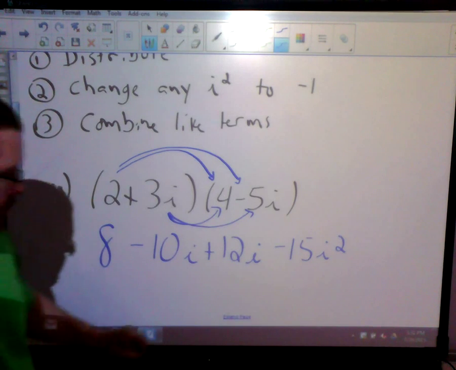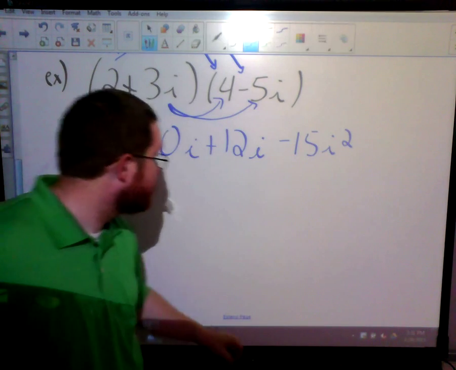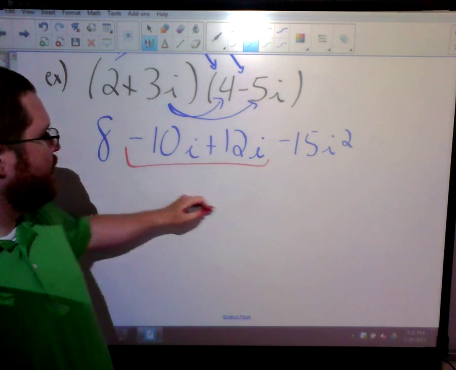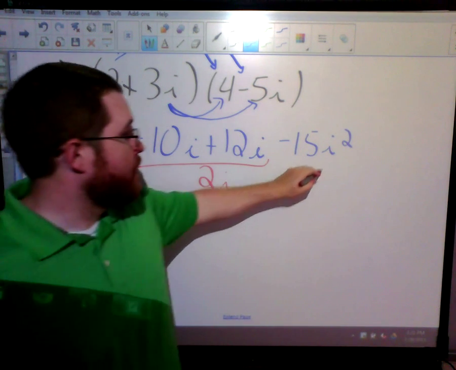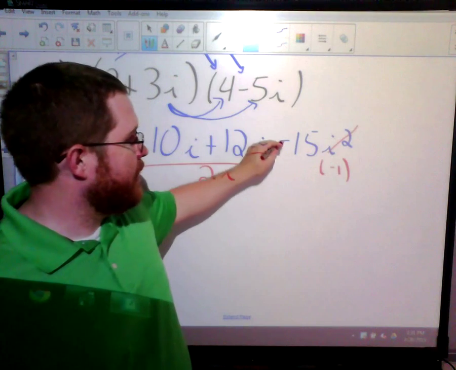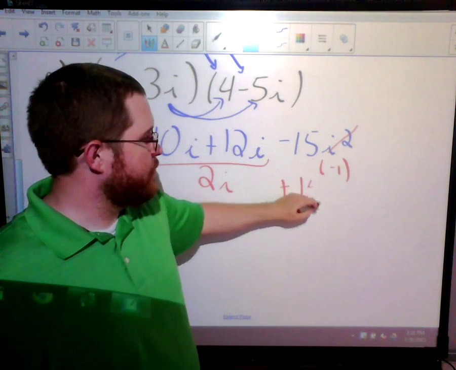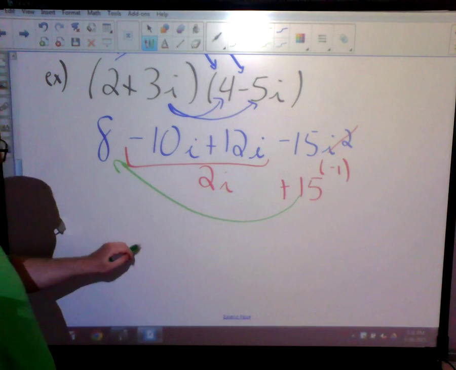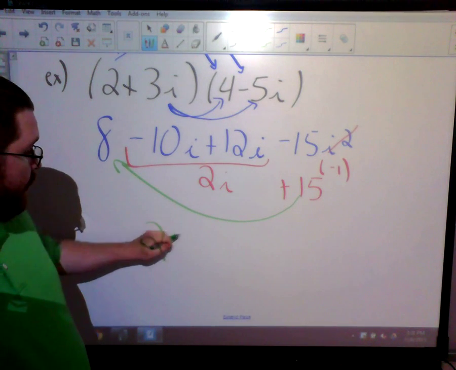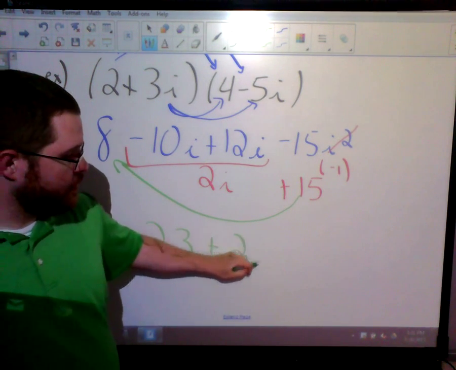So let's combine what we can combine. Negative 10 plus 12 is 2i. This is going to become negative 1. Negative 15 and negative 1 is plus 15. But 8 plus 15 is 23 plus 2i.